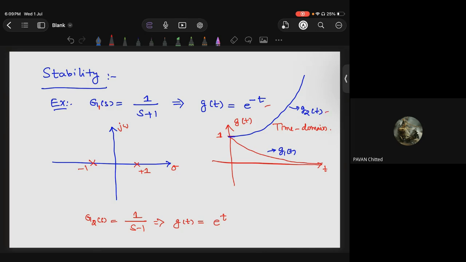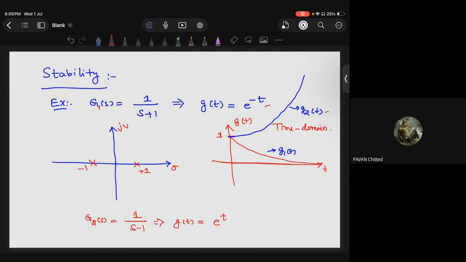Now stability is defined as the behavior of the system when it reaches the stable point, when it reaches the zero value after a long time. This is one kind of stability, which we also call exponential stability.